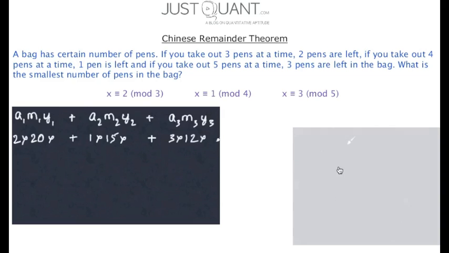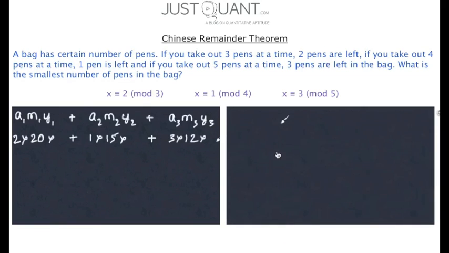That is, 20 times y1 is congruent to 1 mod 3. In this congruence we see that 20 when divided by 3 leaves a remainder 2.